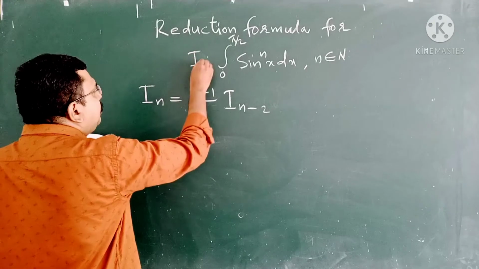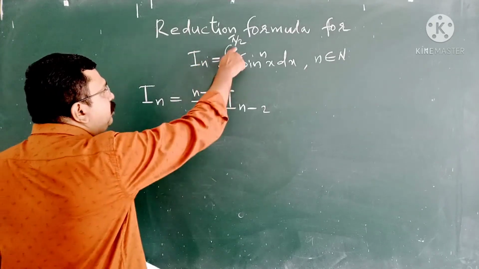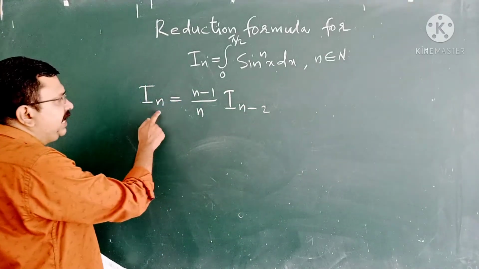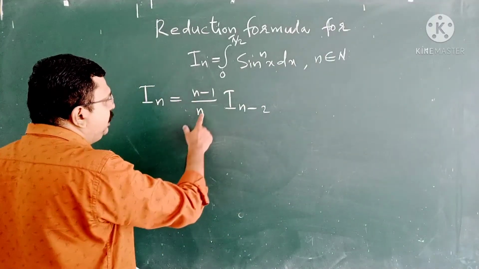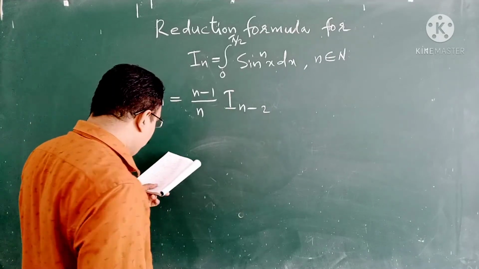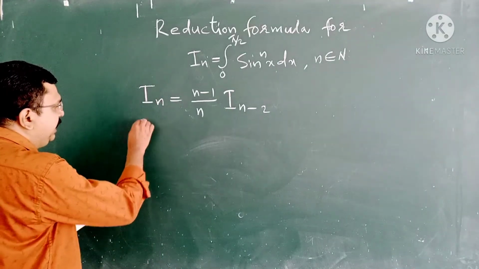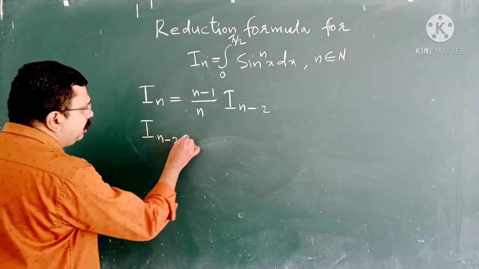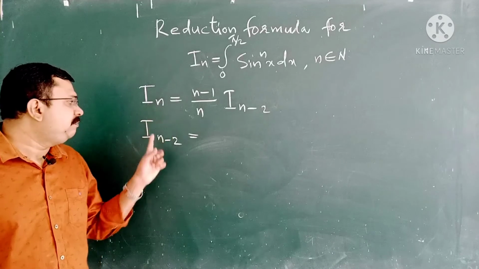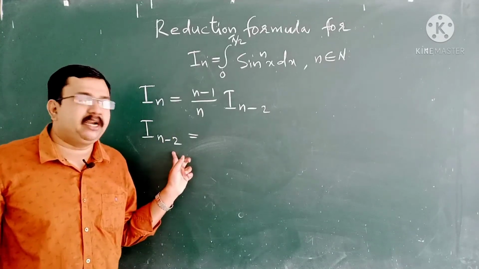You know that here I n is equal to integral 0 to pi by 2 sin raised to n x dx. Then we get I n is equal to n minus 1 by n into I n minus 2. Then what is I n minus 2 equal to? Here n is replaced by n minus 2. Remember that.